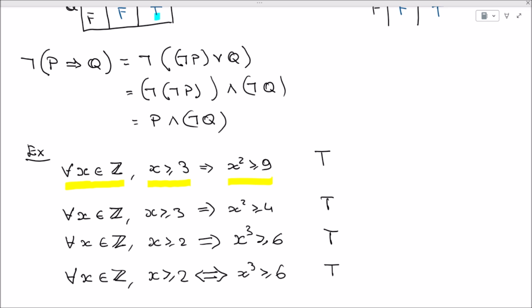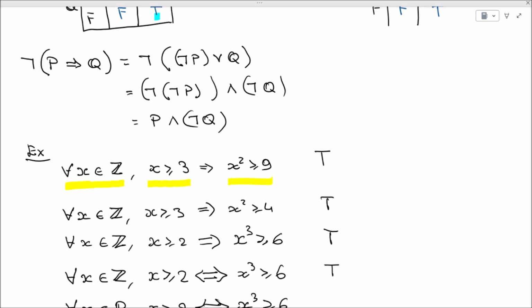Let's now rewrite this proposition, but within a different context. Can we say that for every x in the real numbers, x larger than or equal to 2 if and only if x to the cube is larger than or equal to 6? Well, certainly the one arrow is true.